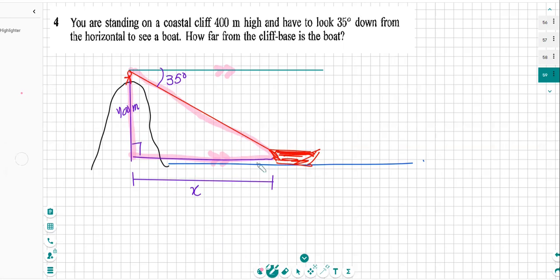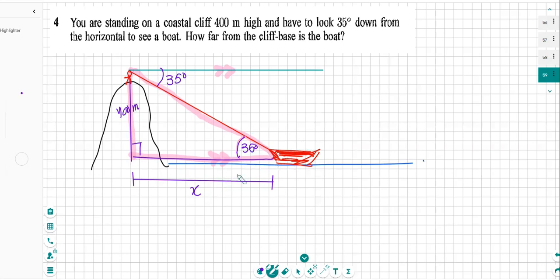Because they are alternate angles. Got it? Yeah. So this should be 35 as well, because they are alternate angles of the parallel lines, as this is a transversal. So now we have a right angle triangle in which one angle is 35 degrees, one side is given, where it is 400 meters, and we can find the second length by using the trigonometric ratio.